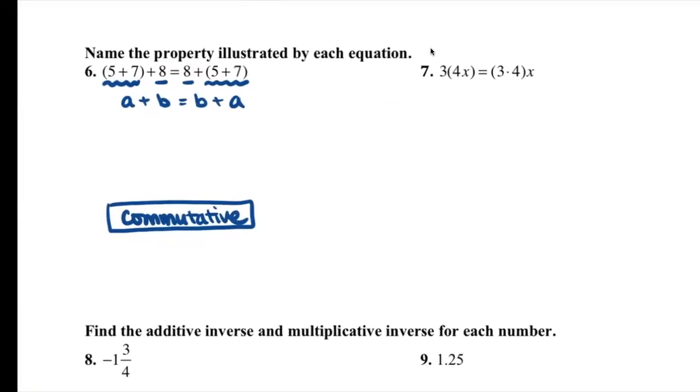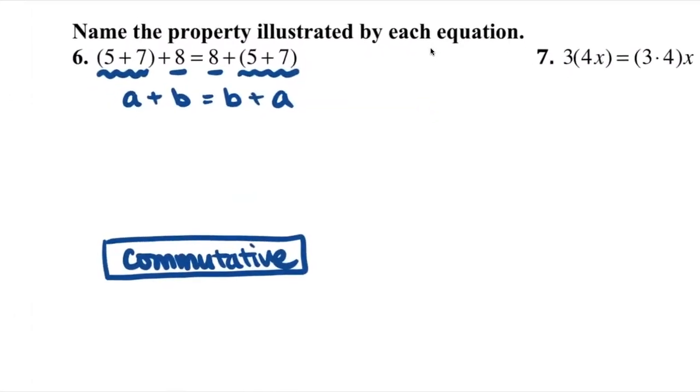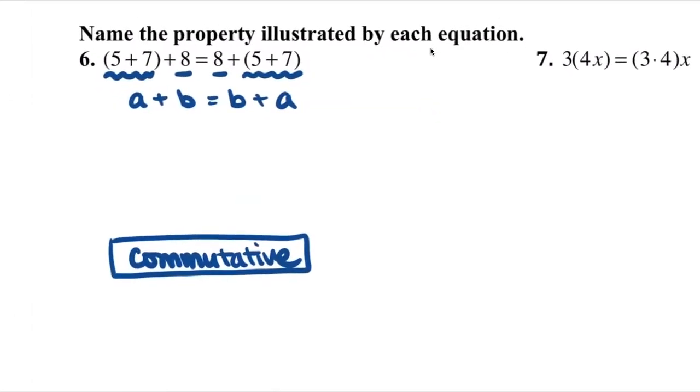Silly way that I remember this: I actually have terrible memory. You can ask anyone that knows me. So I have to think of ways to help myself remember things. Commutative property, I think of a commute, somebody driving to work. Things move around. So when I see this, the order changed.